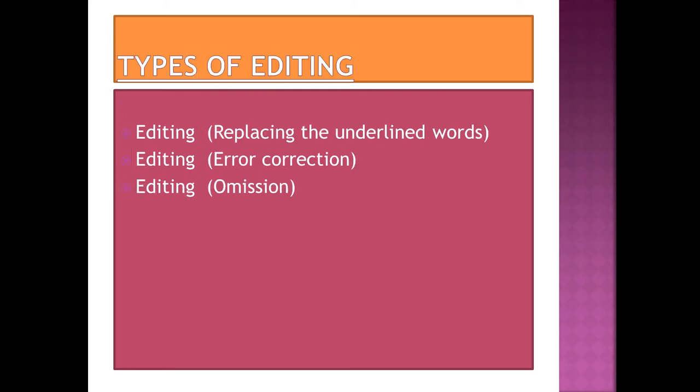Now, as mentioned in the earlier video, there are three types of editing: editing that is replacing the underlined words, editing that is error correction, and editing which has omission.